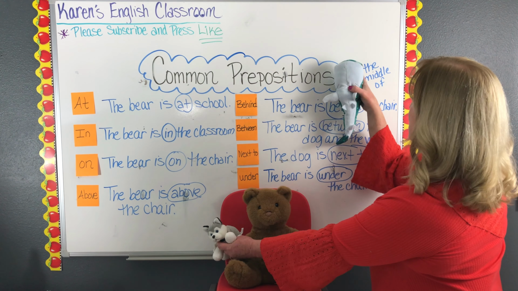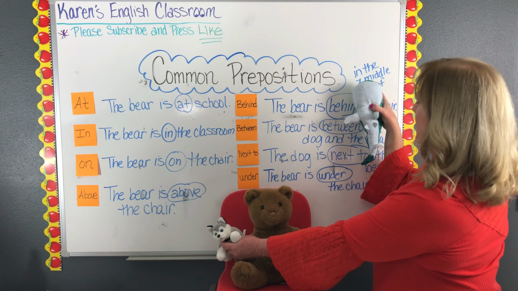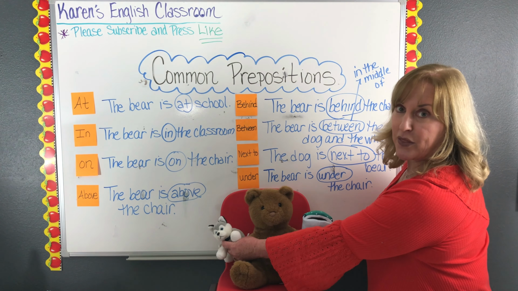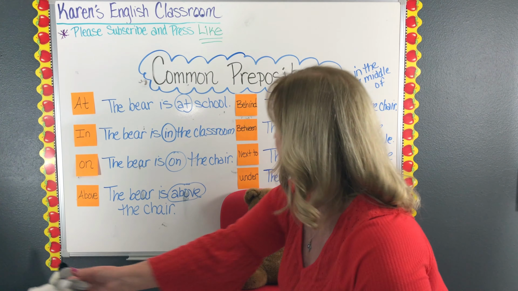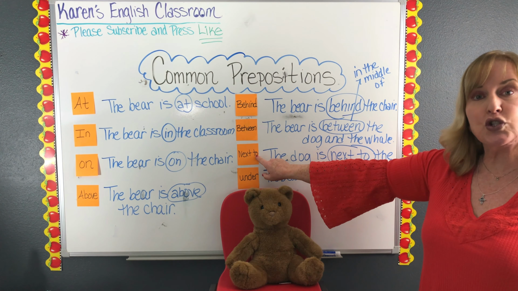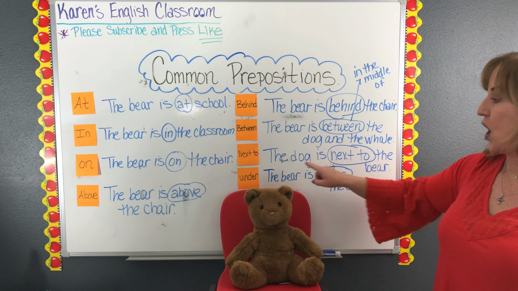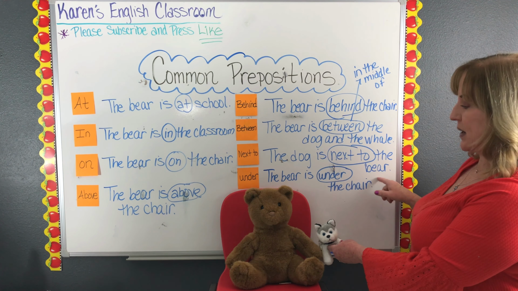Now, it can also be in the middle of. The bear is in the middle of the dog and the whale. Next to. The dog is next to the bear.